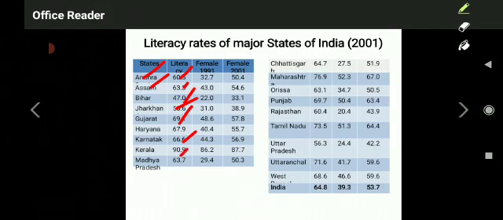With the help of this data, we can understand the exact literacy rate in the different states, and based on that, we can understand the literacy rate of the entire country.